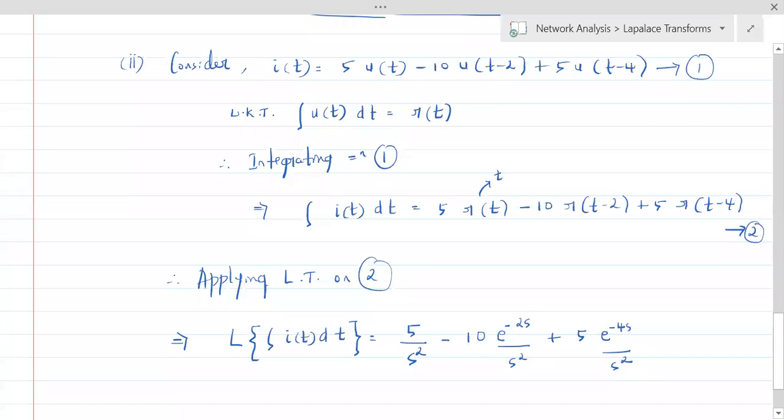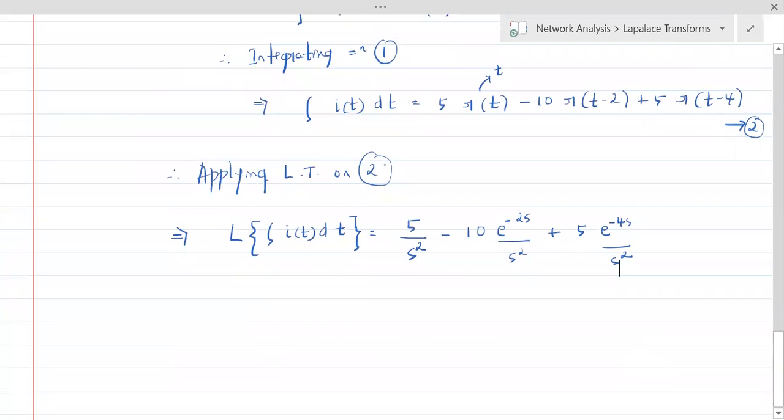How did we do this? By the time shift property. Why 1 by s square? Because the Laplace transform of r of t is 1 by s square.